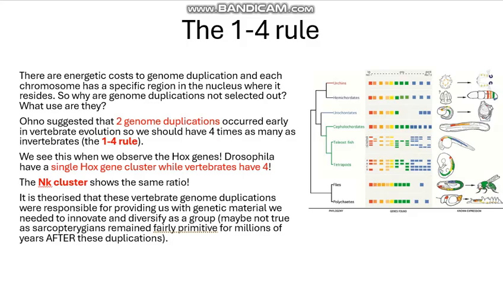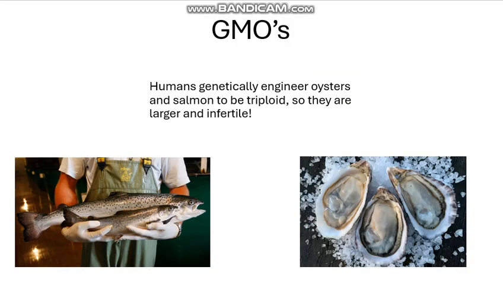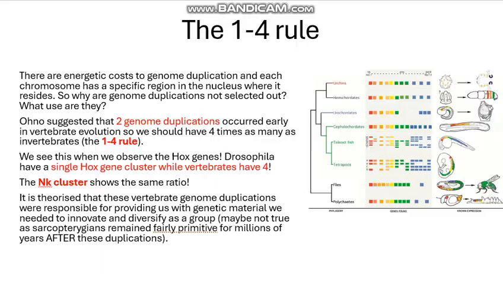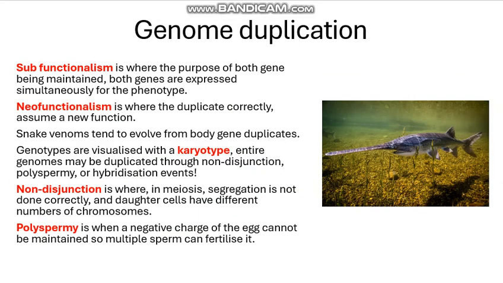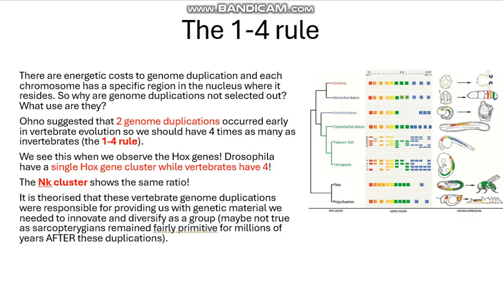Whether that's true or not is to be debated, but there are energetic costs to entire genome duplications, like we talked about a minute ago. Basically it's very energetically costly, because you have to put more resources into replicating more DNA.